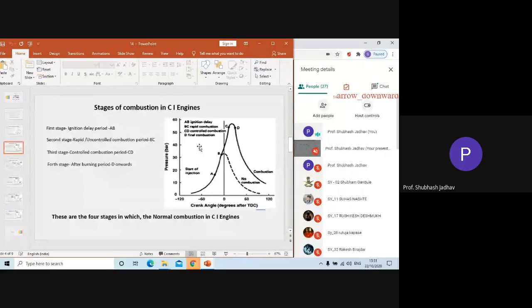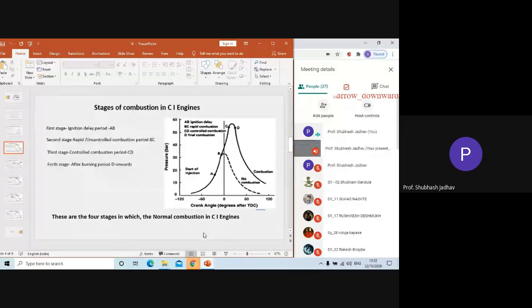And here we have the different stages as ignition delay, uncontrolled combustion stage or rapid combustion stage, and the third one is the controlled combustion stage, and the fourth one is after burning. So you should not confuse them with each other. There is a very clear distinction between the 2 combustion processes. So you have to keep this in mind when you are writing the answer for the questions.